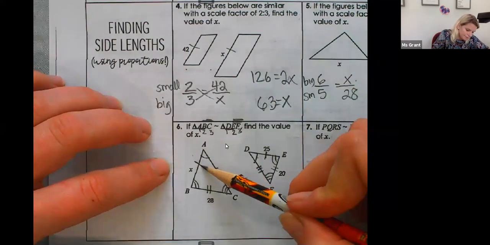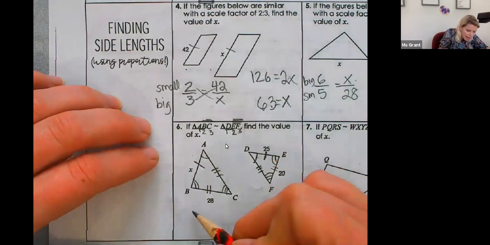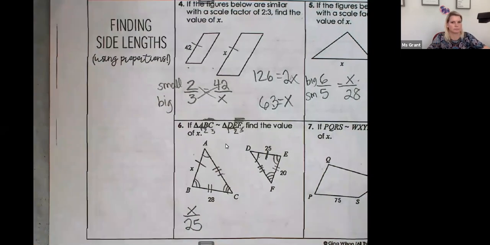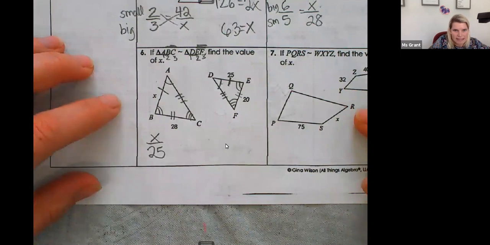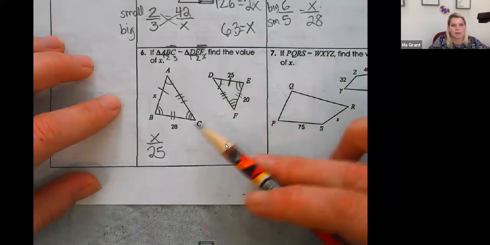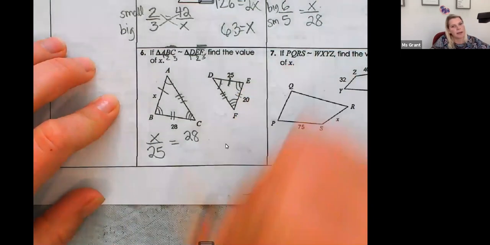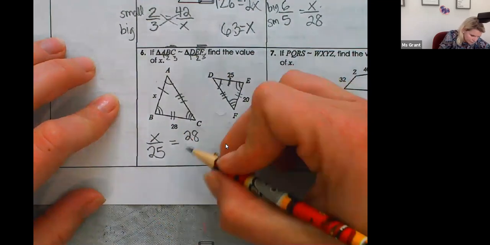This side corresponds with the 25. So I'm going to put X over 25. If I start with the X, that's my big triangle, I better start with the 28 on my numerator, equal to 28 on my numerator because it's the big triangle that I started with, over 25.